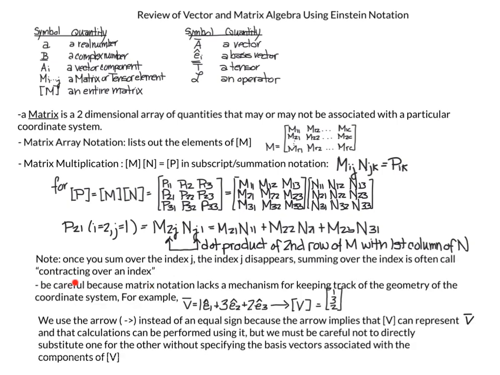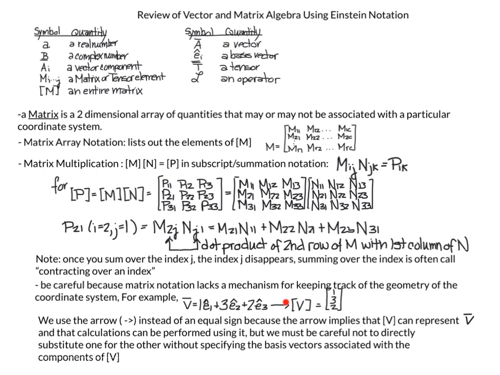One of the things you want to be careful of is that matrix notation lacks a mechanism for keeping track of the geometry of the coordinate system. So for example, when you have a vector v and you spell out the basis vectors e1, e2, e3, that is the vector. However, once you write in coordinates 1, 3, 2, you haven't kept track of the bases.